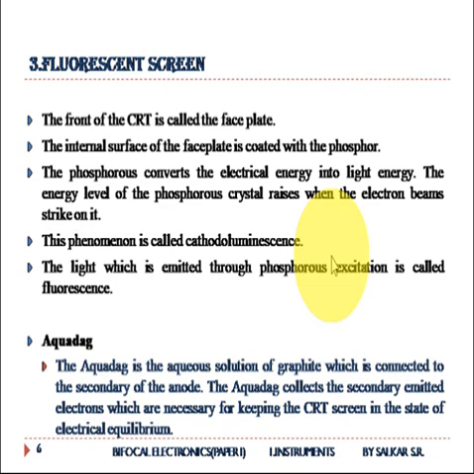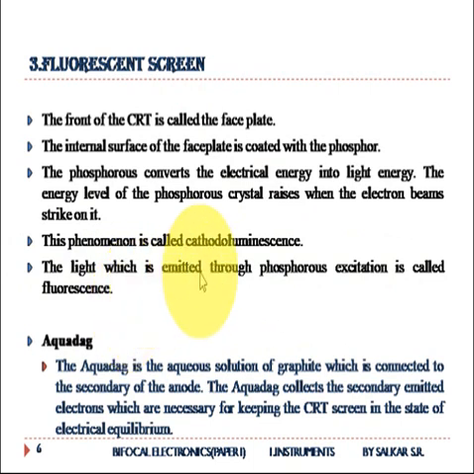The same property is used in the CRT because the inner surface of the screen of the CRO is coated with phosphor material. So phosphor converts electrical energy into light energy in glowing form, and this phenomenon is called cathodoluminescence. The light emitted through phosphor excitation is called fluorescence.